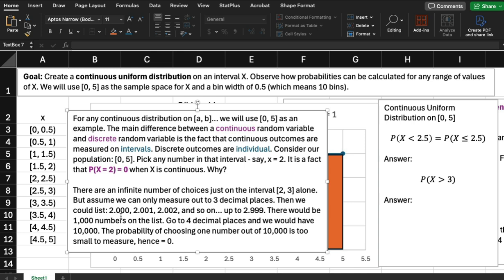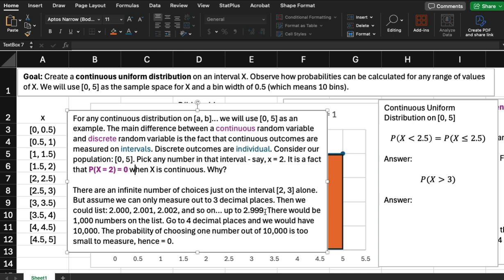We would have 2.000, comma, 2.001, comma, 2.002. You see how that's going? And then the next one would be 2.003. And you would just keep increasing that decimal portion by 1 each time up to 2.999. And then the next number would be 3.000.